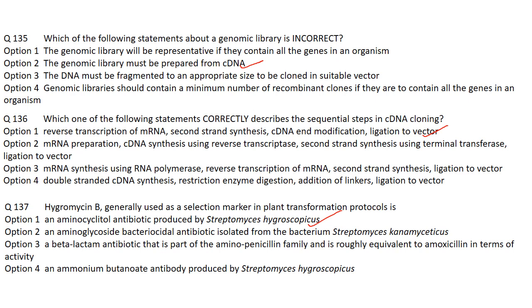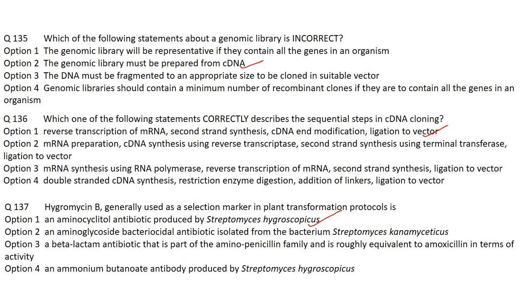It is not prepared from cDNA. The next one. Which of the following statements correctly describes the sequential steps in cDNA cloning? Reverse transcription of mRNA, second strand synthesis, cDNA end modification, ligation to a vector. That itself is correct. Option 1 is correct.